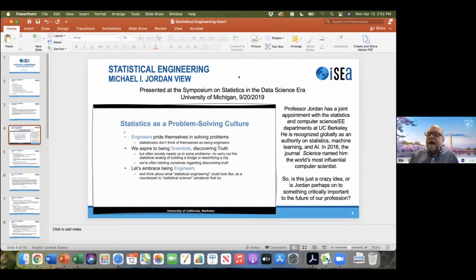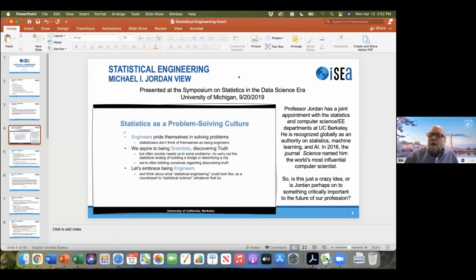In fact, in 2016, the journal Science named him the world's most influential computer scientist. And basically what he said, you can see it on the slide, is that engineers pride themselves on solving problems. However, statisticians traditionally haven't really thought of themselves as being engineers and focusing on solving problems. Typically, statisticians have thought of themselves as being scientists and focus on discovering truth, whatever that means.